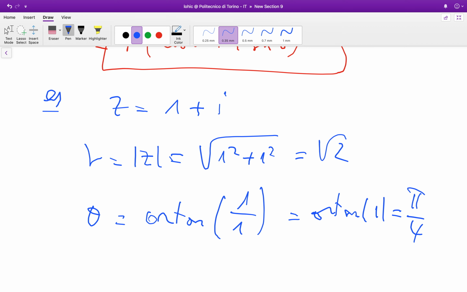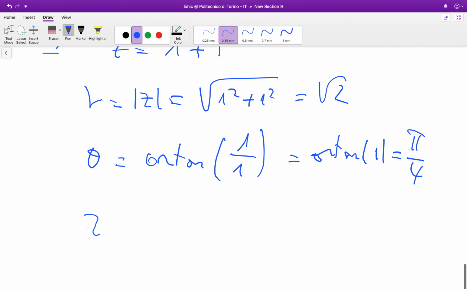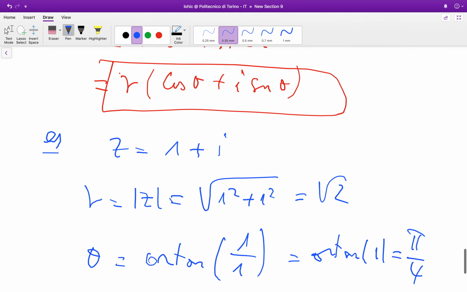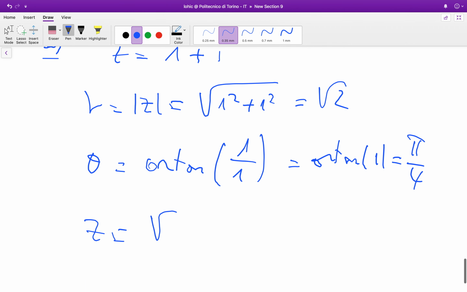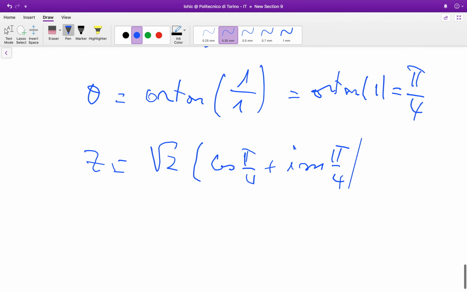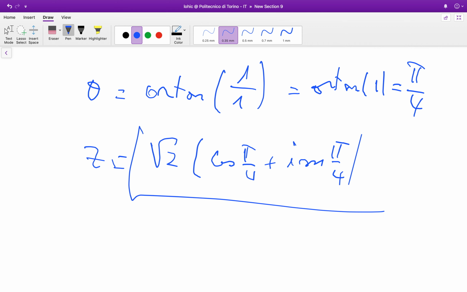Okay, so z, my trigonometric form, will be r, which is root 2, multiplied by the cosine of pi over 4 plus i times the sine of pi over 4. Okay, doubts?